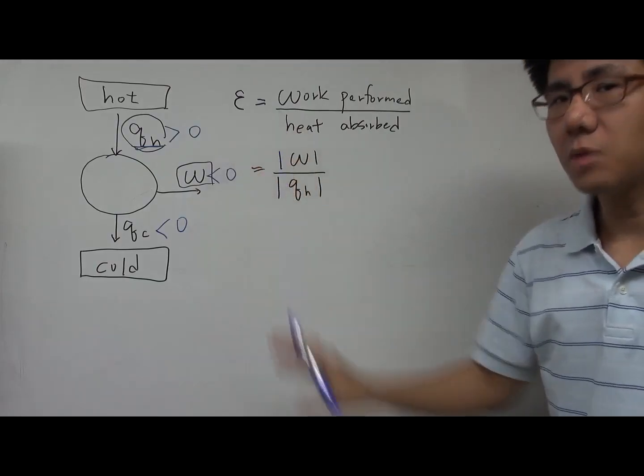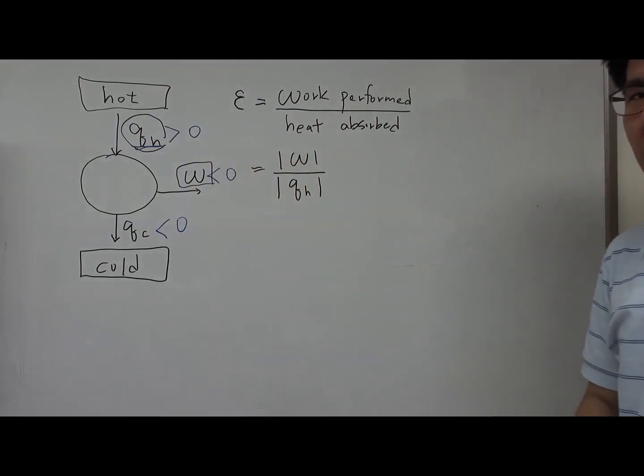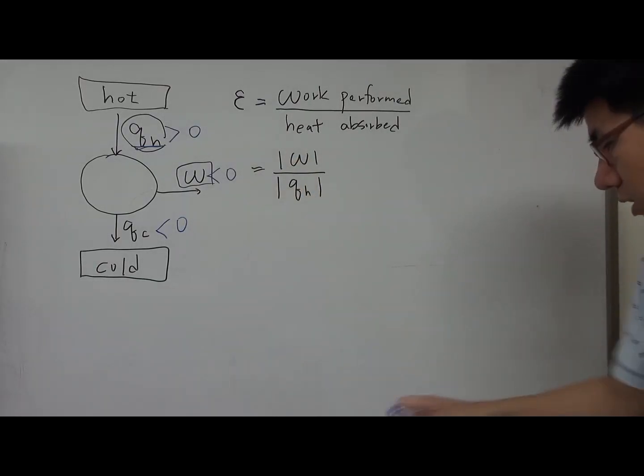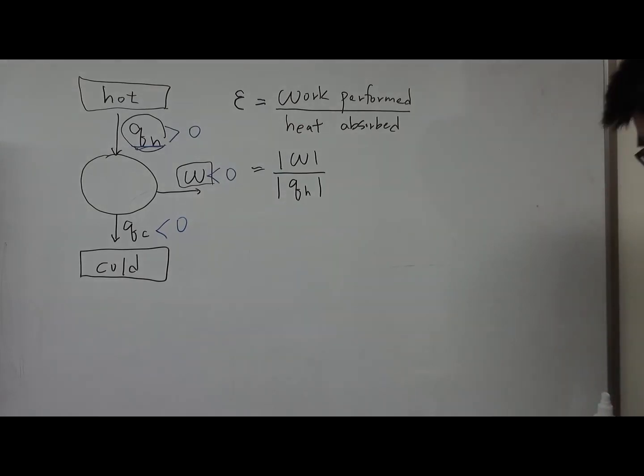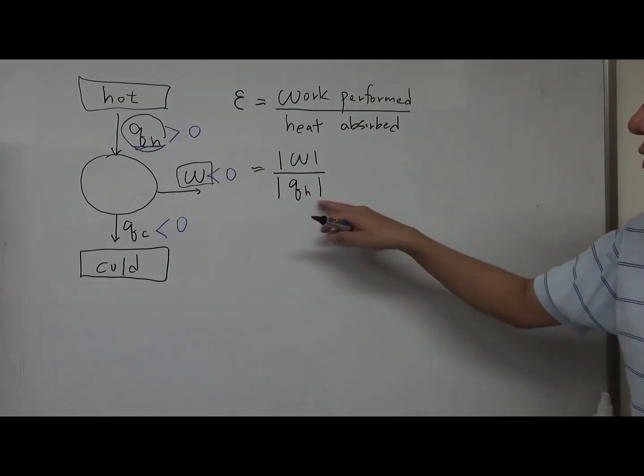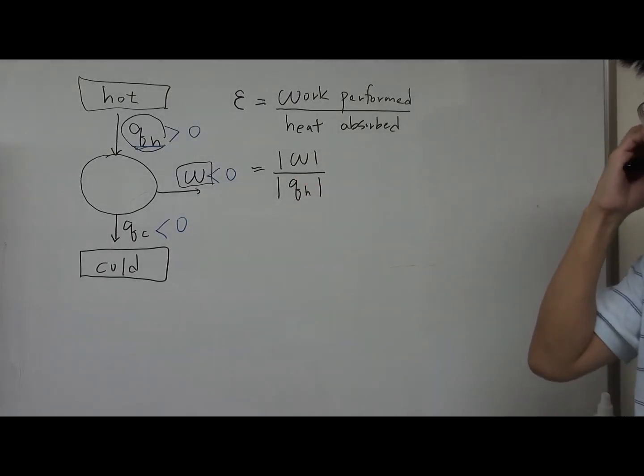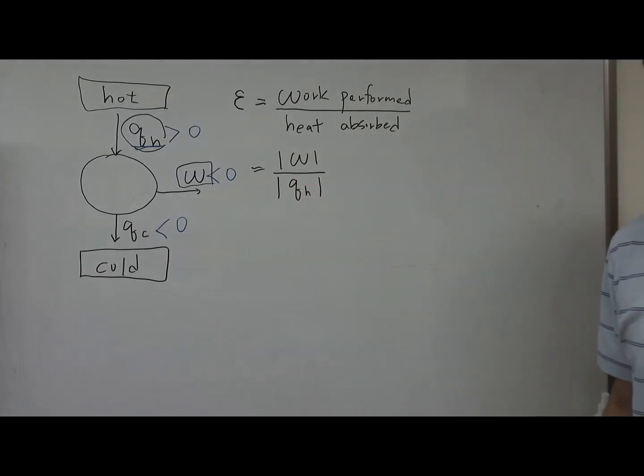So sometimes this sign convention is a bit confusing. So to make things clear, it's usually easy to use absolute numbers for the calculation of efficiency of heat engine.